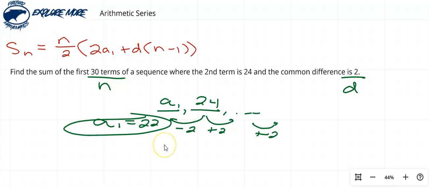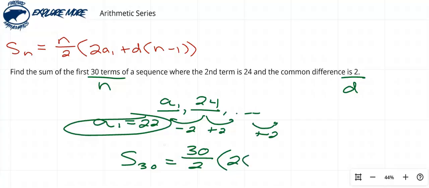So I know I'm looking for the sum of the first 30 terms, so n is 30 like we said. The first term now we know is 22, so my formula says 2 times 22 plus the common difference, which is 2, times n, where n is 30, minus 1. Again, we could throw that into Desmos, or we could simplify this by hand a little bit.